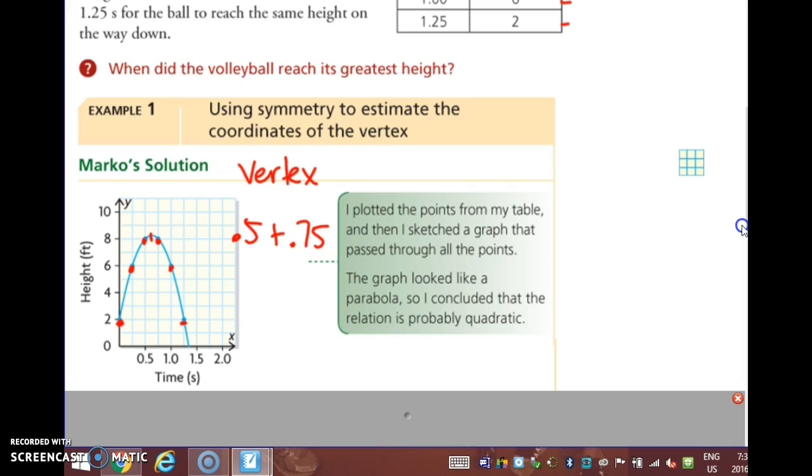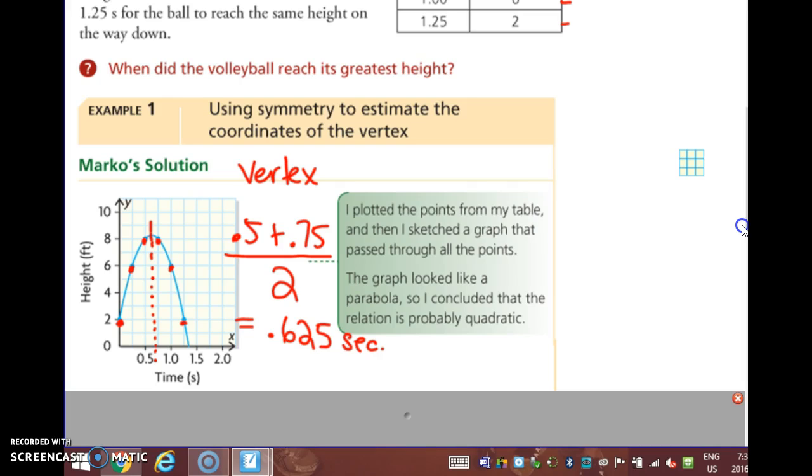If we go 0.5 plus 0.75, and divide it by 2, that finds the average, which should be the center of this parabola, the vertex. So 0.5 plus 0.75 divided by 2 gives us 0.625. At 0.625 seconds, the ball reaches the maximum height.